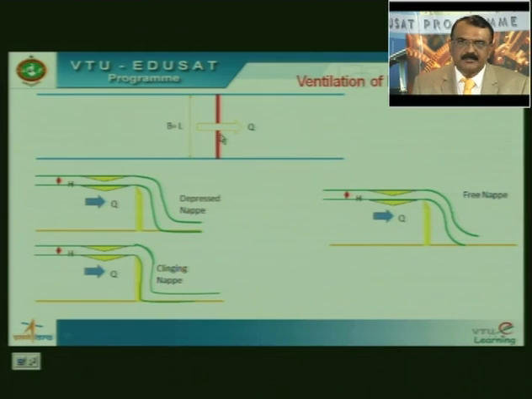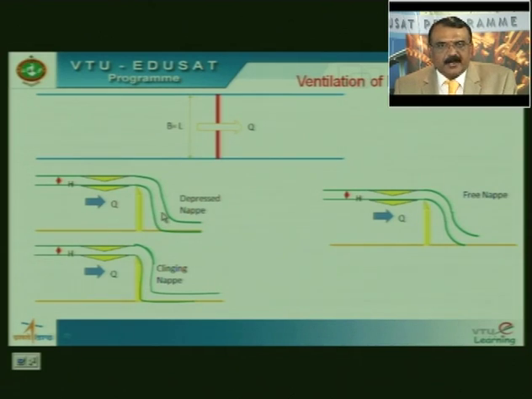During this process, the pressure of this air gradually reduces from atmospheric pressure to negative pressure, so this entrapped air tries to suck the jet towards the wall. The first stage in that case is called a depressed nappe. If this process continues, at one given stage, the jet almost sticks to the wall of the notch. That we call a clinging nappe.